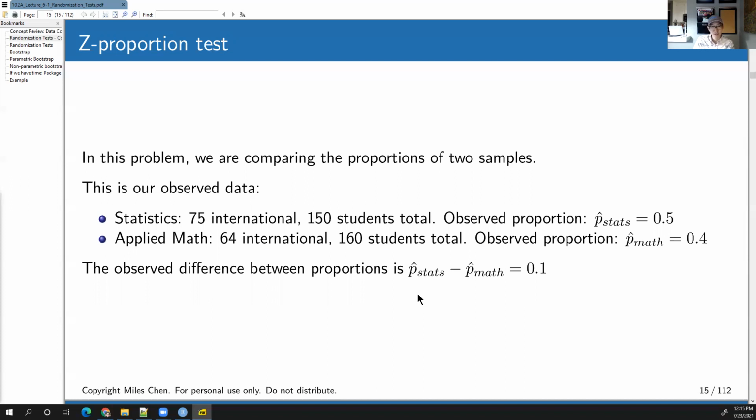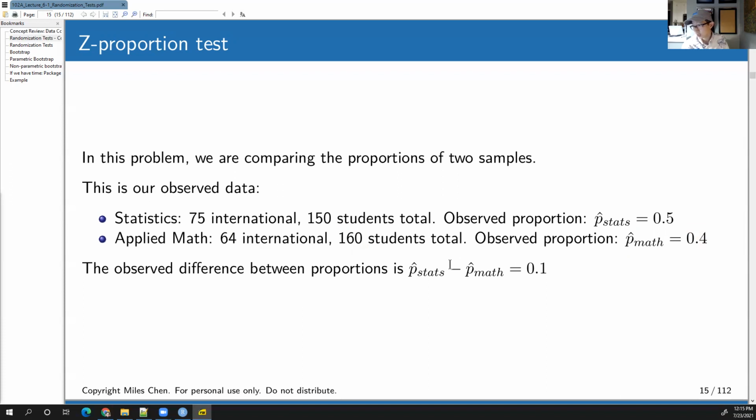I don't know if you guys recall this from your intro stats days, but we're going to say, all right, what is the sample proportion of international students for stats majors? We're going to do 75 divided by 150, and we get a sample proportion of 0.5. Okay, what's the sample proportion of international students for the applied math majors? So we do 64 divided by 160, and we get a proportion of 0.4.